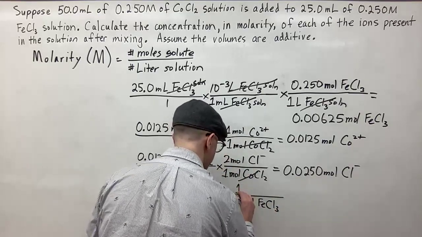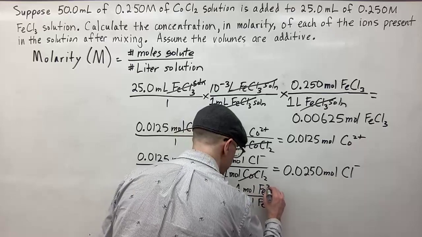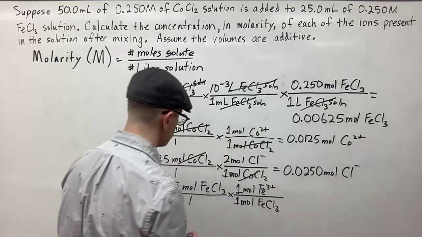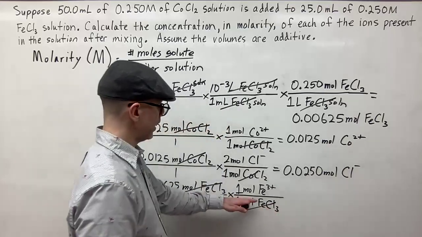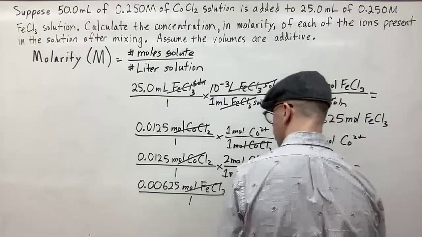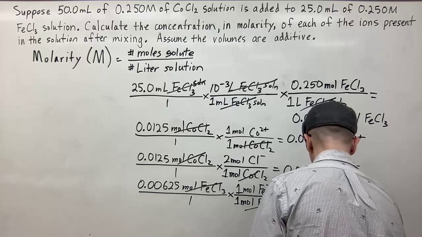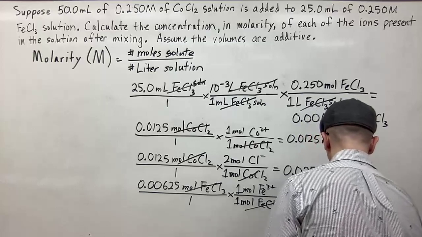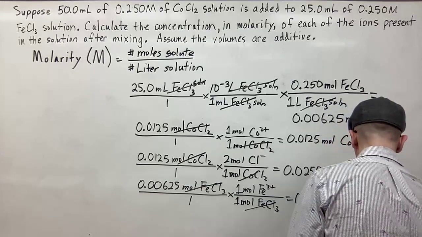And then on the top, I have 1 mole of iron 3 ion. The moles of the iron 3 chloride will cancel out. And then I have moles of iron 3 ion. And of course, that's going to be 0.00625 moles of Fe3 plus.